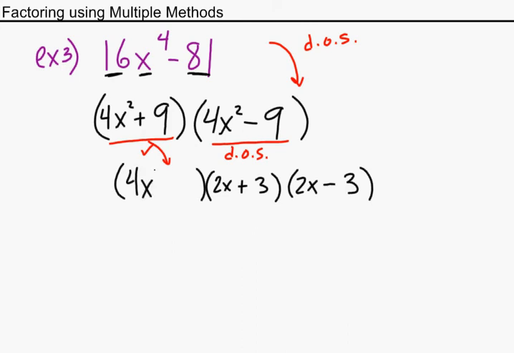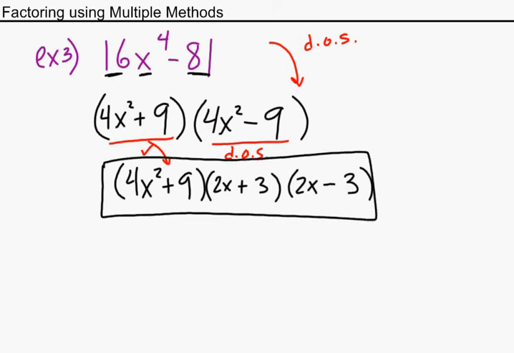So 4x squared plus 9 out front. So the answer to this problem actually has 3 binomials instead of just 2 binomials or a constant out front. So this is difference of squares wrapped up in difference of squares. Traditionally, we use GCF first to simplify the problem, and then a second method, but sometimes we'll use difference of squares twice, like we did right here.